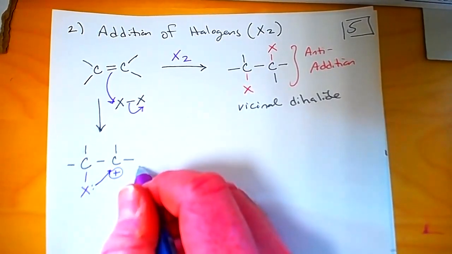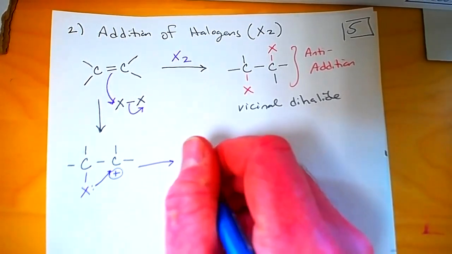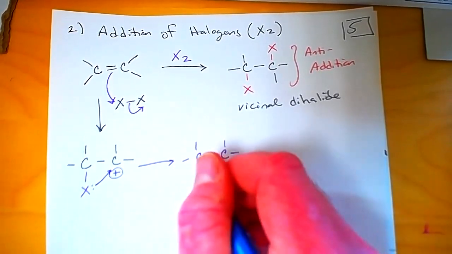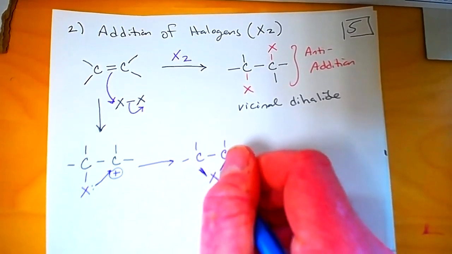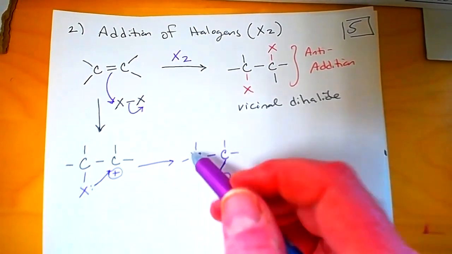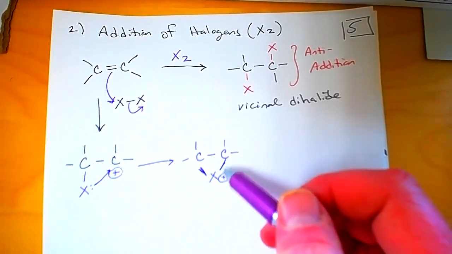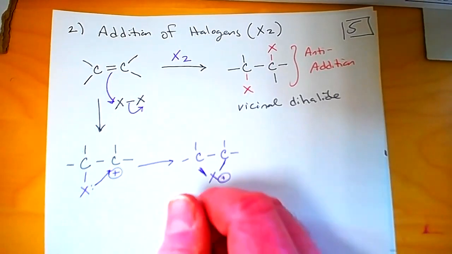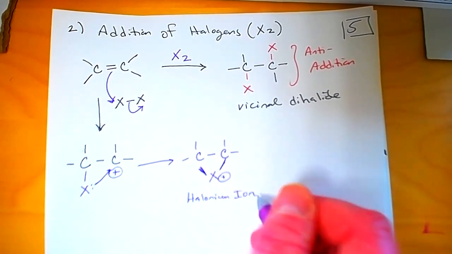And so this species, whose existence is somewhat in doubt, actually turns into this compound here, where you have a halogen and a little three-membered ring. You can see I've drawn the stereochemistry where these are now essentially pointing in the same direction. This is what's referred to as a halonium ion.